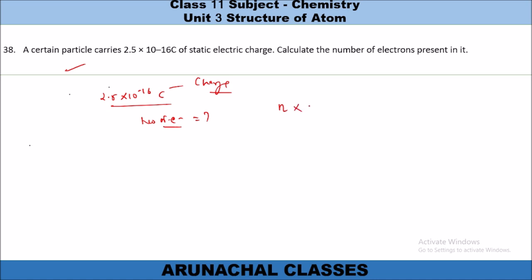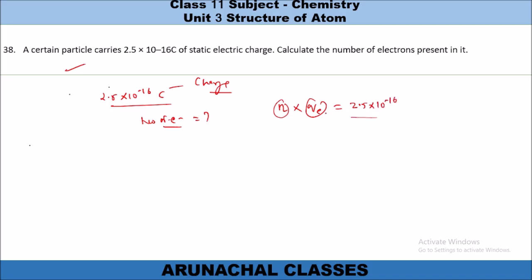Each electron will have some charge, that is q by c. How many electrons are there? N number of electrons are there. Each electron will have some specific charge. Now here they are saying that the particle carries this much charge, that is 2.5 into 10 power minus 16.